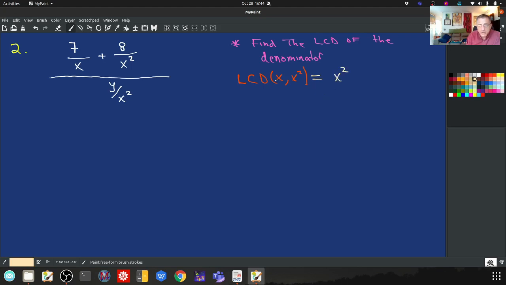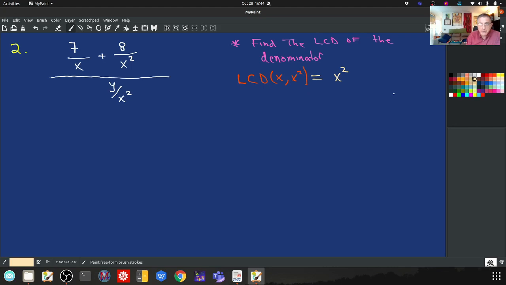In general, if we have the LCD of two terms and one of the terms is divisible by the other, x squared is evenly divisible by x, then we use the term with the highest power. I've shown you how to do that. When you have variable terms and you're looking for the LCD, you just grab the term with the highest power.